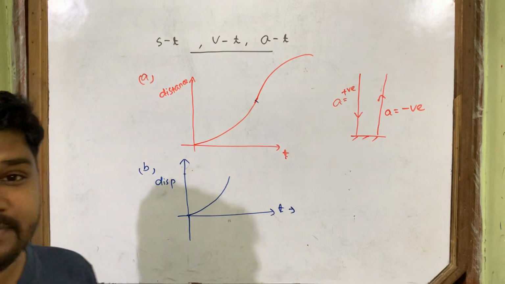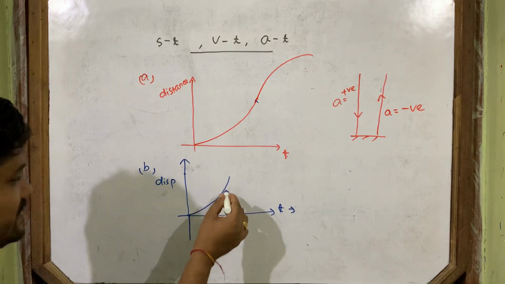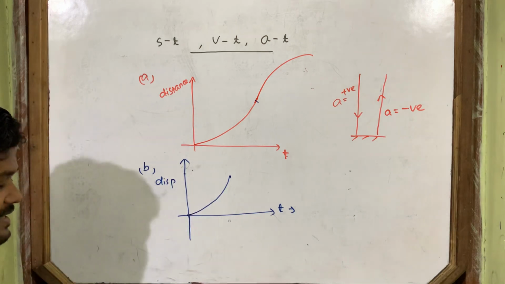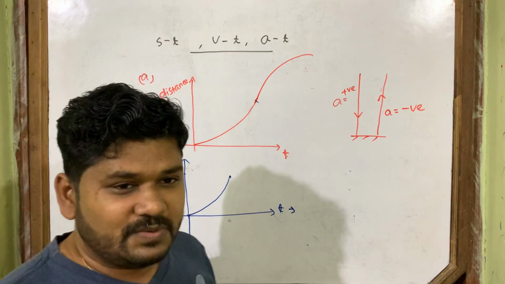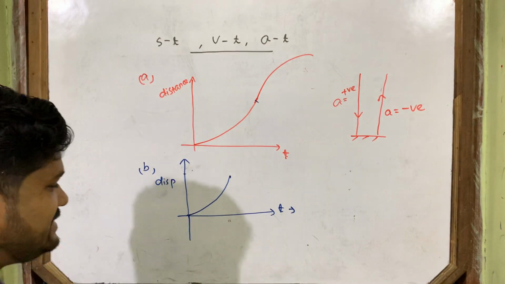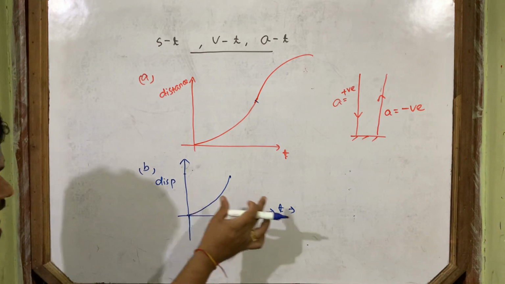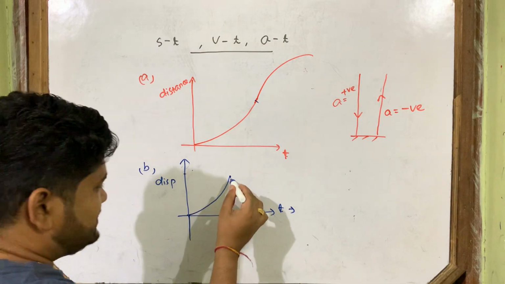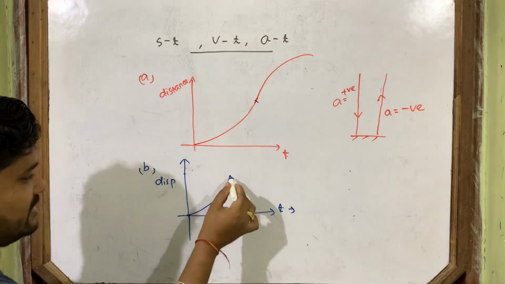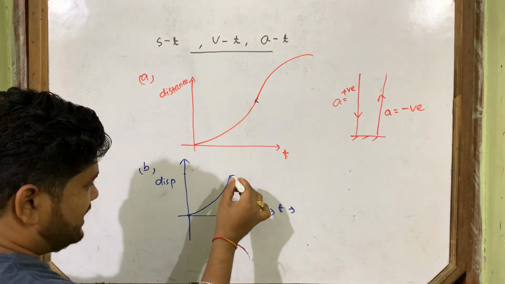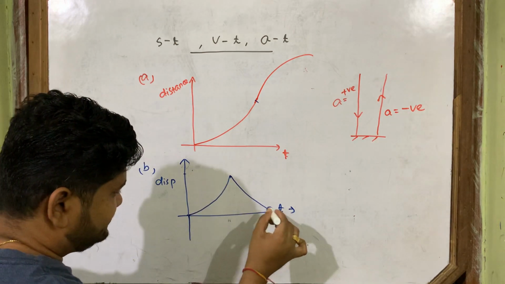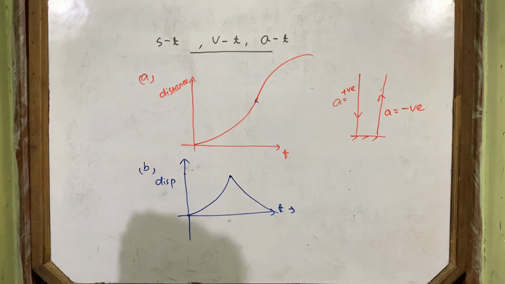After this point, the acceleration becomes negative. So negative acceleration means how will the graph be here? The graph will now be like this.